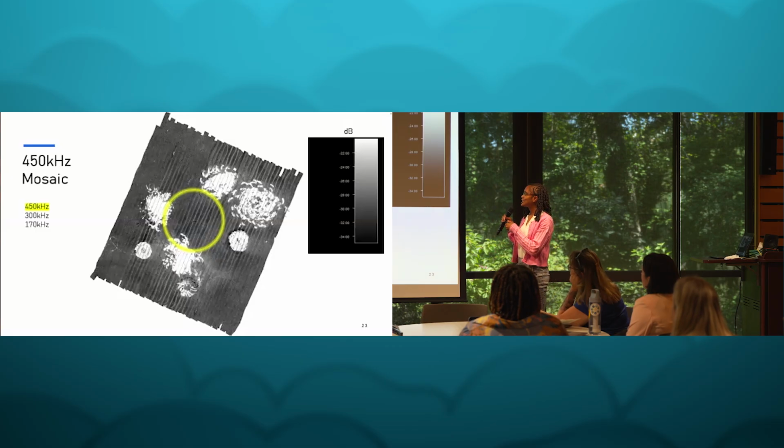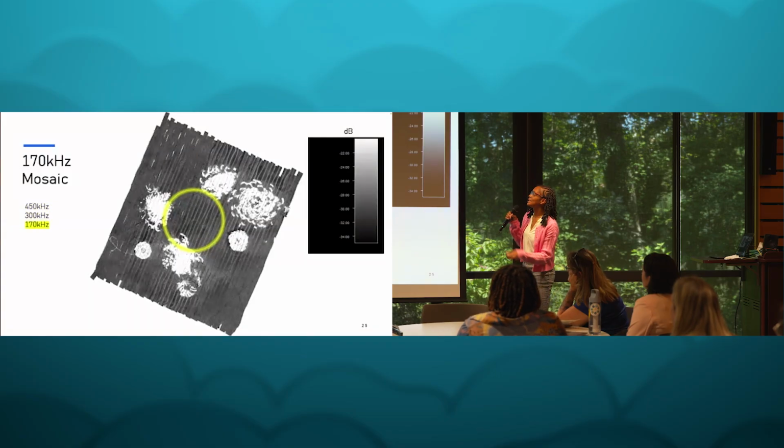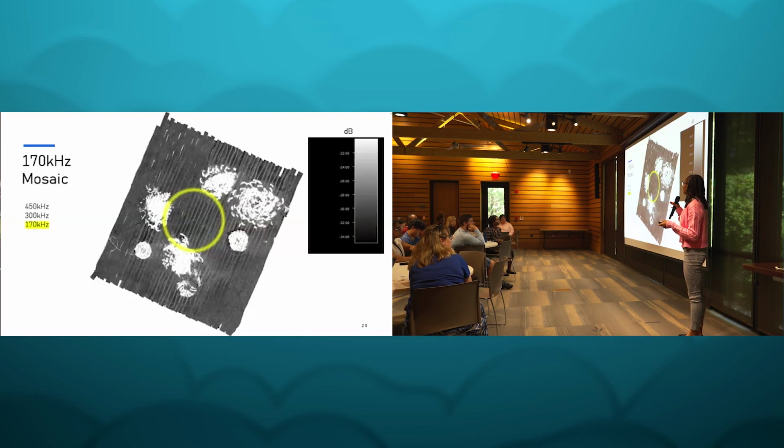In the circle, you can see the different colors, and that tells you that the sediments on the seafloor are changing. What this means is that at each different frequency, it's penetrating more and more, so you can see more and more of the seafloor changing.